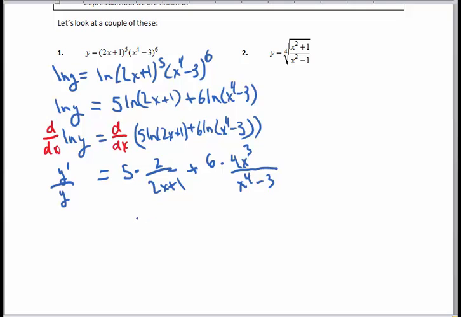And I'm almost done now, honestly, right? Because now I just combine these into single fractions. So I'd have 10 over 2x plus 1 plus 24x to the third over x to the fourth minus 3. And that's now as simplified as it's going to get.